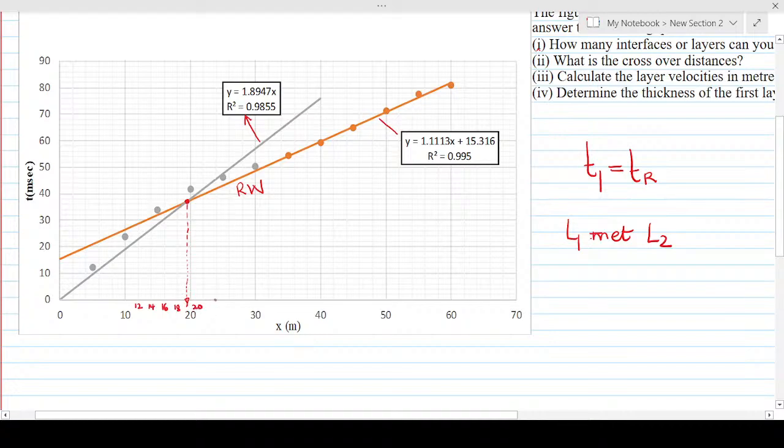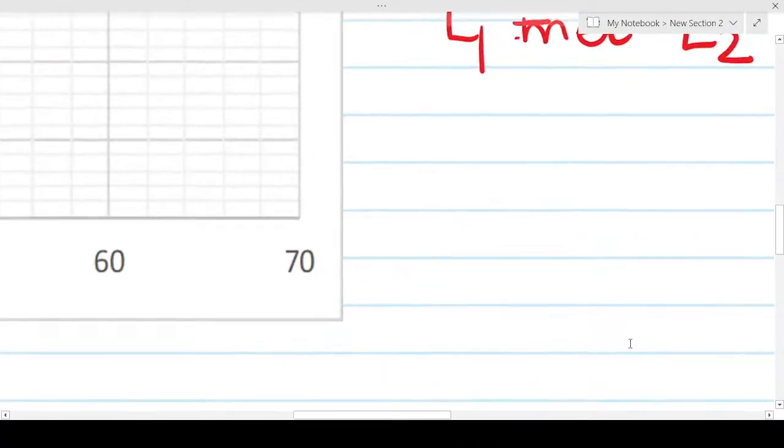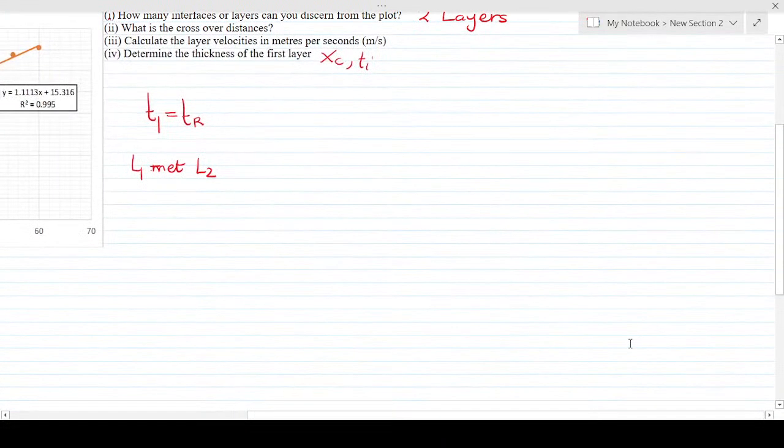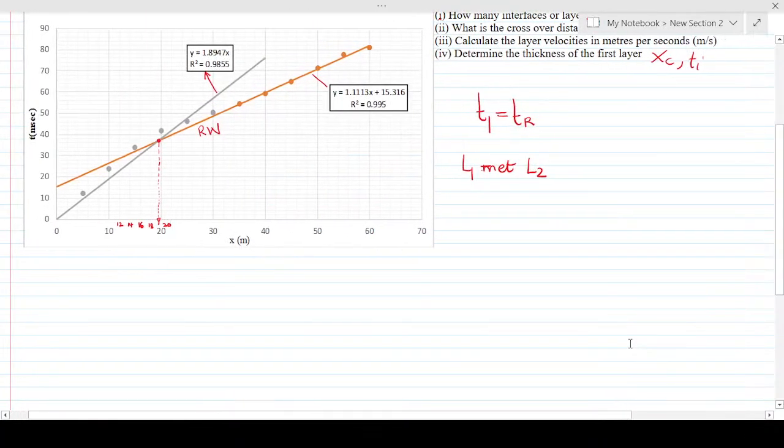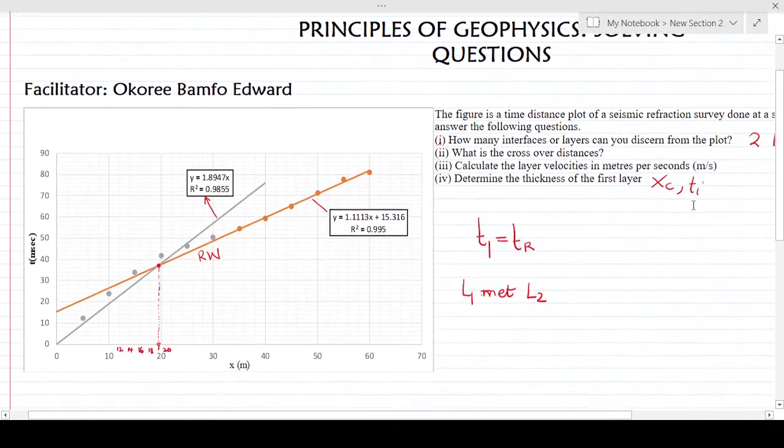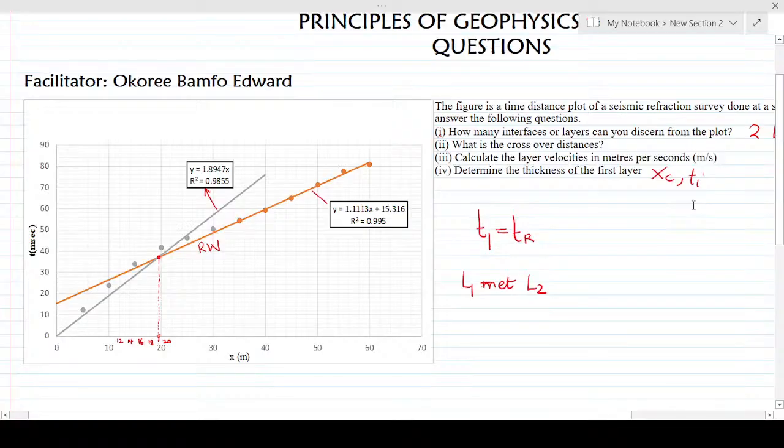It's very close to 20, so I will say our crossover distance is around 19.7 meters, and you indicate it.